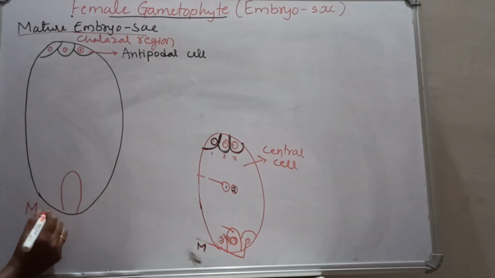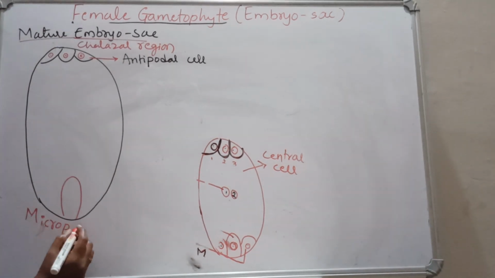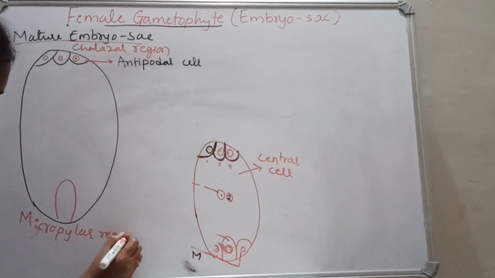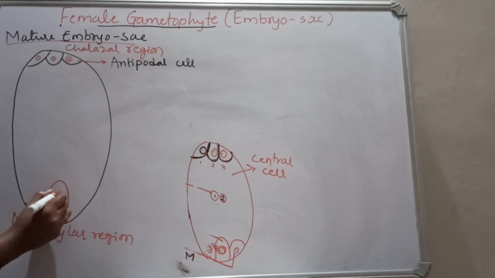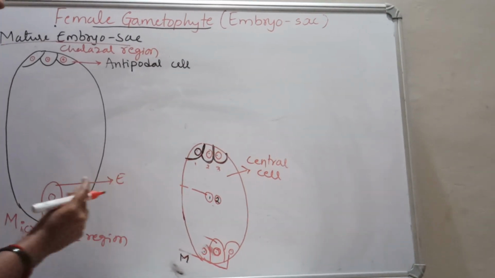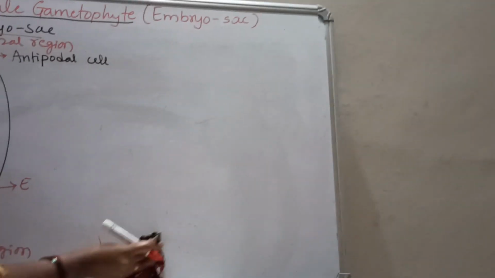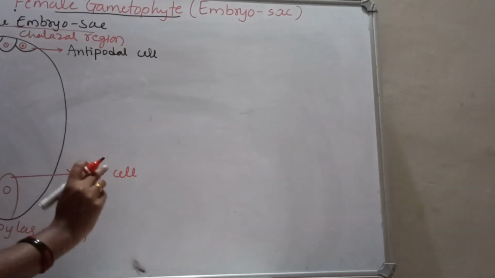This is the micropylar region. The one large cell is called the egg cell, or egg.